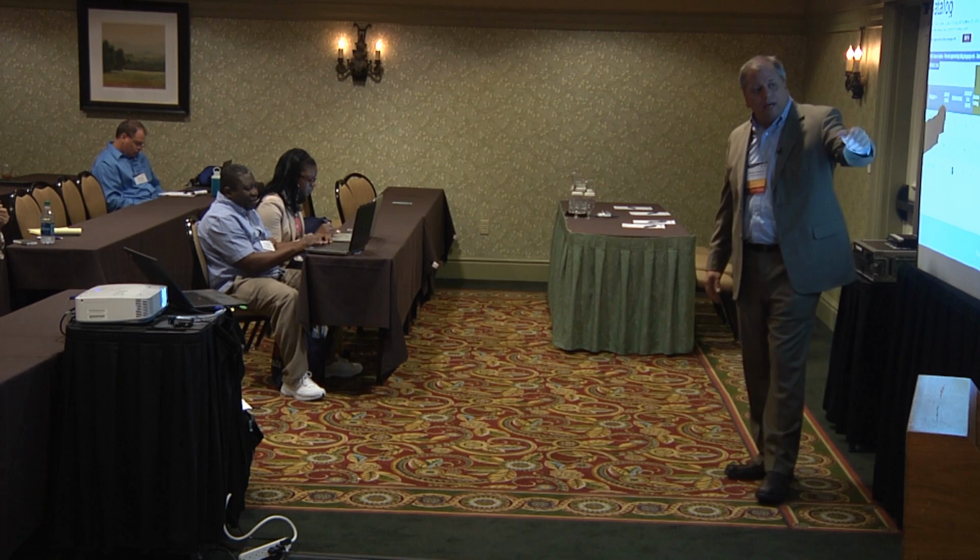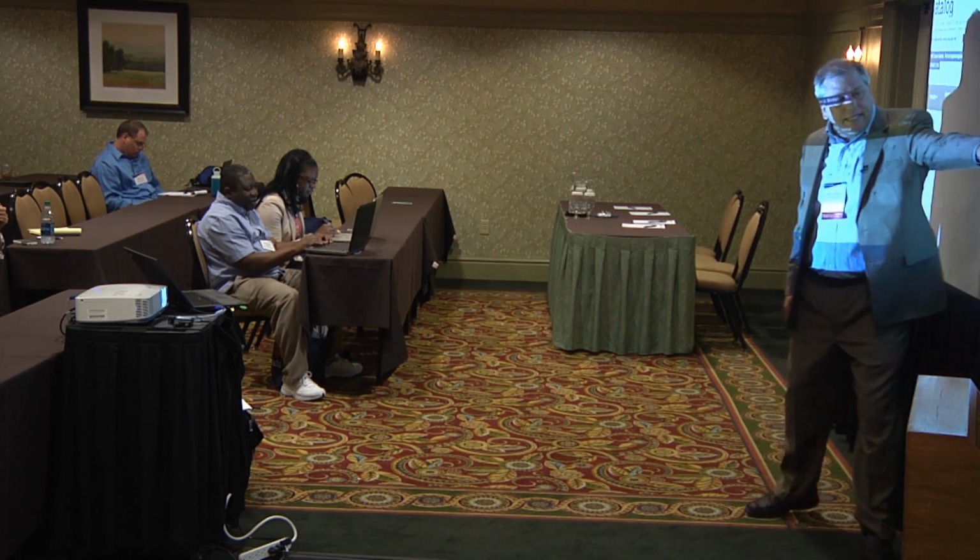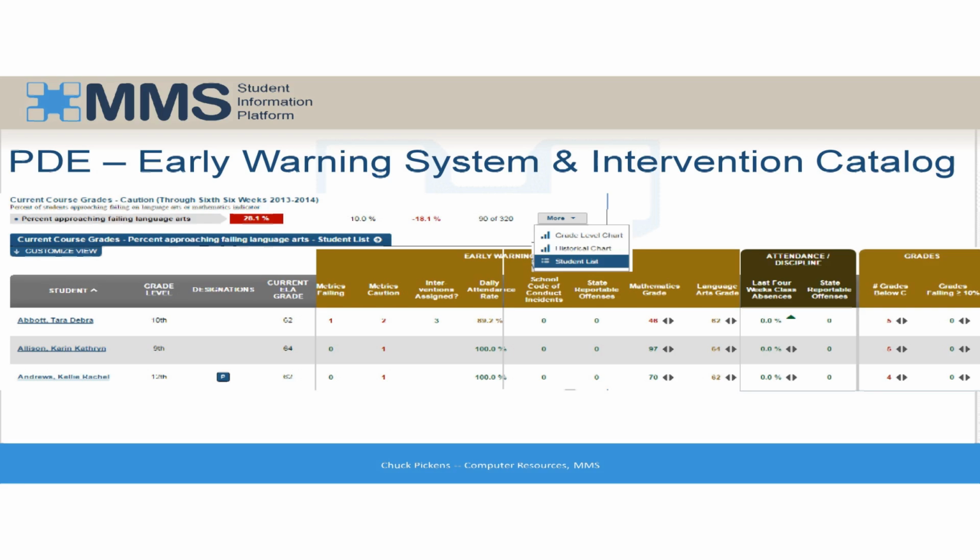If it was a number or a grade that was going up from previous days or weeks, if you will, it would have an up arrow, sort of like the absences here. It's not showing any change, so I don't know why it's showing green. And off to the right, there's 5 grades that are below a C, and we can't see far off to the right that talks about the number of grades that are in caution of failing.